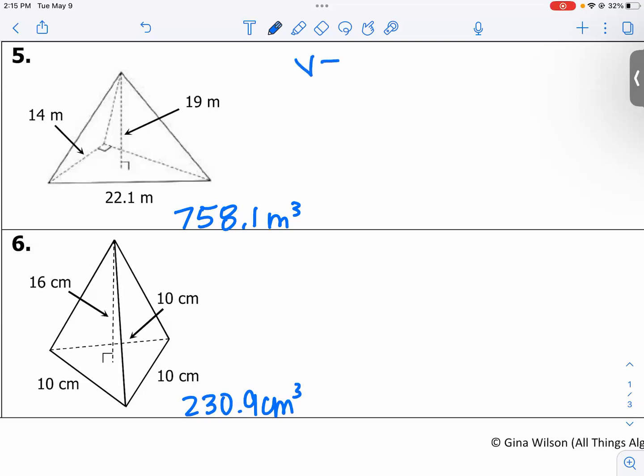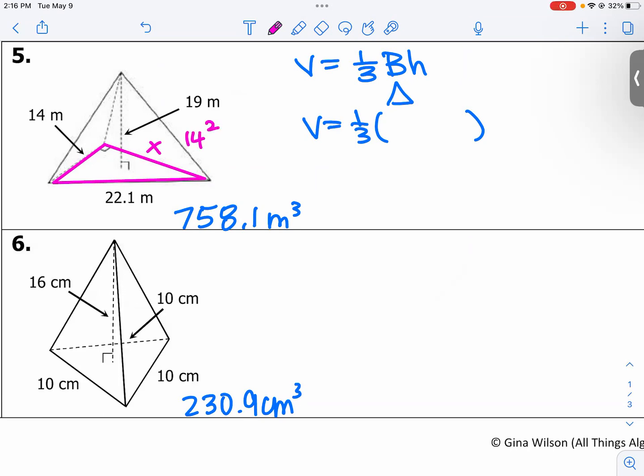Our volume is 1/3 area of the base times the height, and our base is a triangle. Now, do we have both the base and the height of the triangle? No. We have 14, but we need to know this right here.